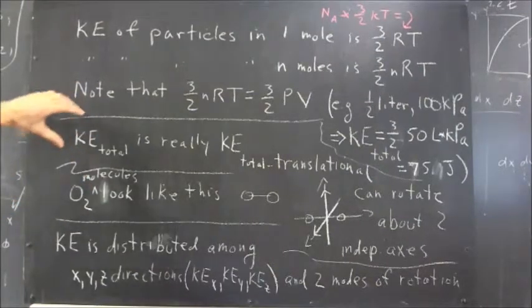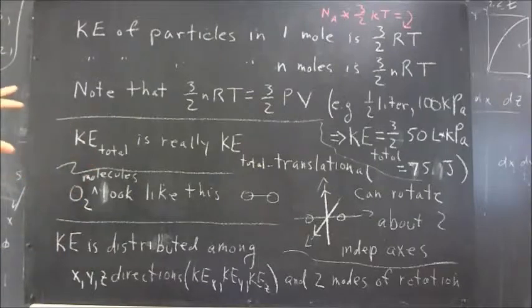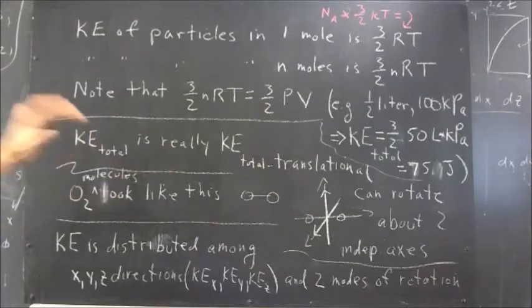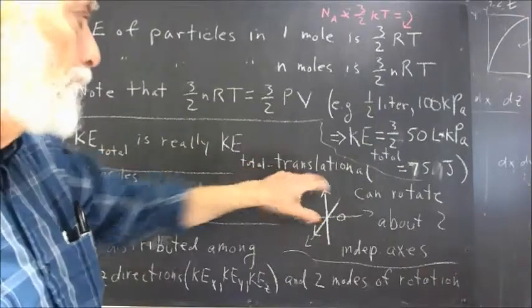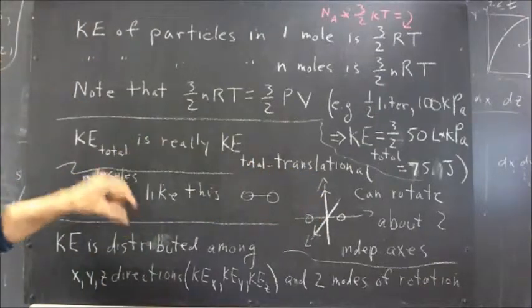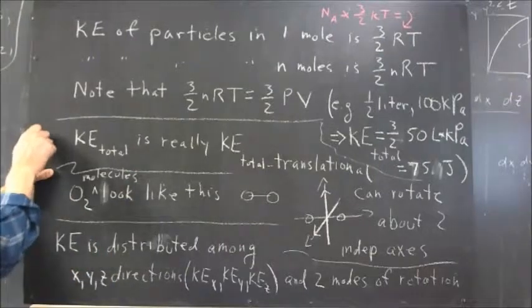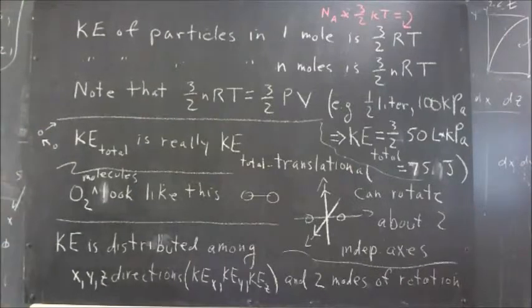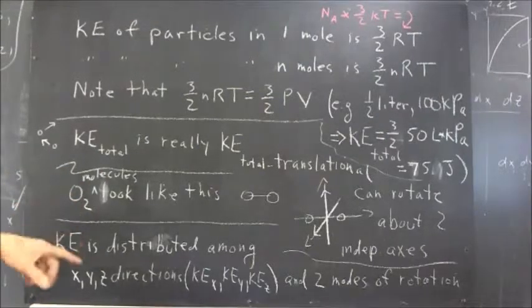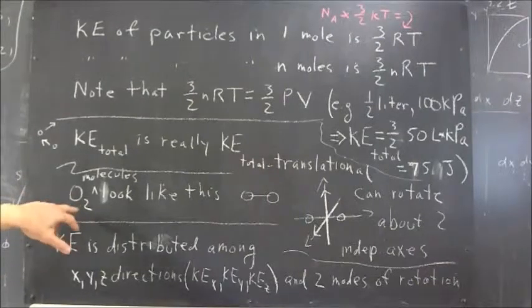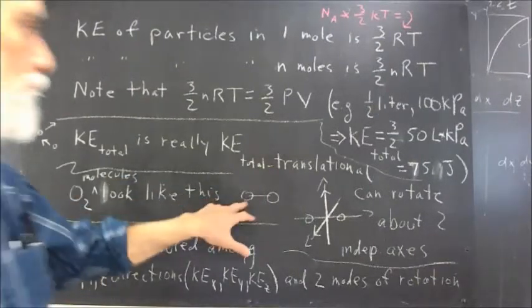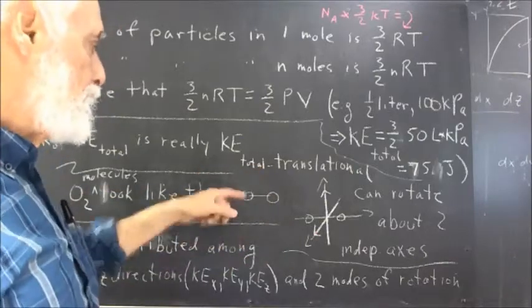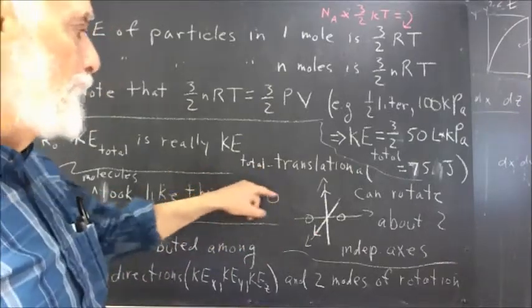Now, what we call the total kinetic energy is really the total translational kinetic energy. Our model previously was just single particles moving around, bouncing off of each other, and so forth. That's not the way most gases are constituted. Air, for example, is constituted of diatomic oxygen molecules and nitrogen molecules. Oxygen molecules, I say, look like this, two separate masses, and they're actually not held together by a little bar or string.